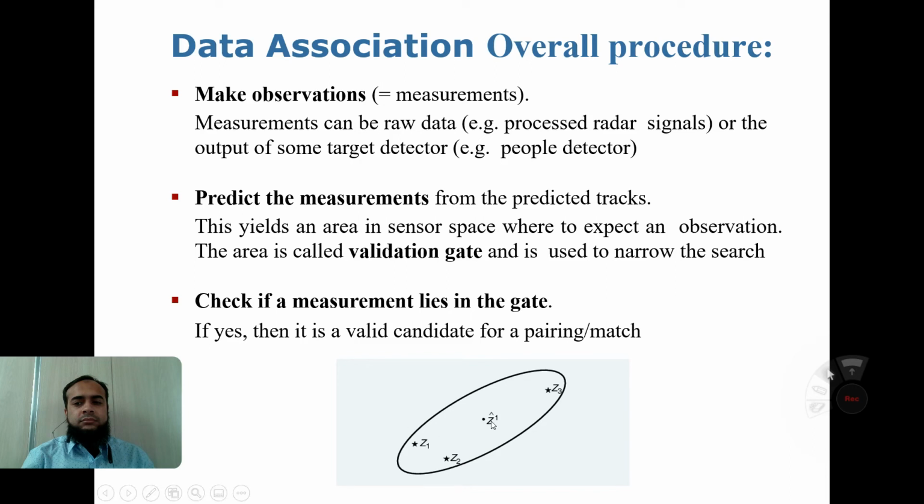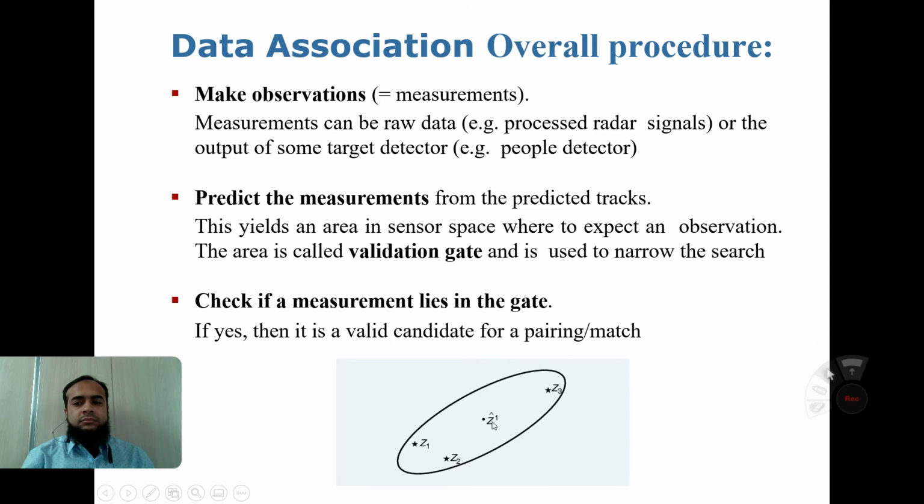And this is the predicted measurement, or you can say the initialized track prediction. As we already know, tracks are initialized using two-point measurement. So when you apply the two-point initialization procedure, it calculates the measurement prediction.